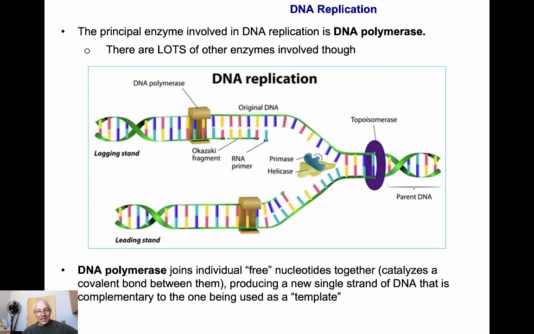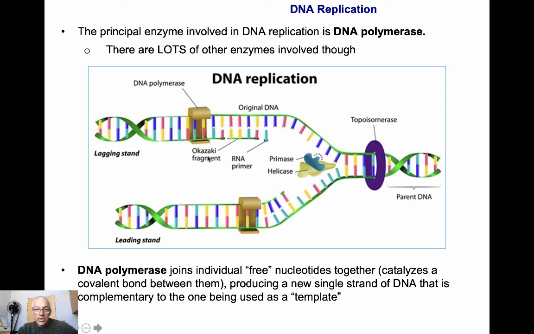And here's what that looks like in a little bit more detail with a little less clutter. And again, don't worry about the other enzymes. The ones that you need to know are DNA helicase and DNA polymerase. The DNA helicase is here unzipping the parent DNA, moving, in this case, from left to right.